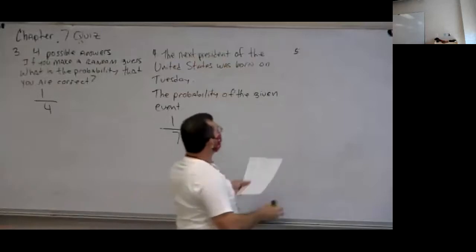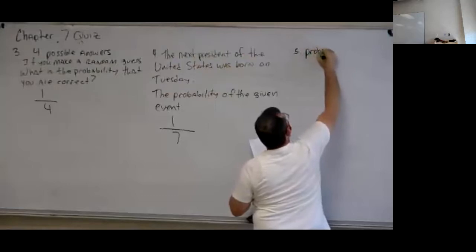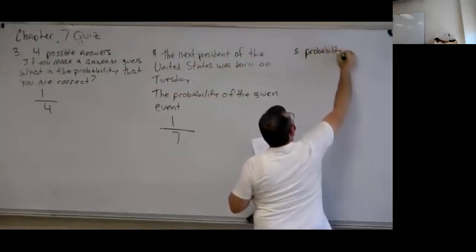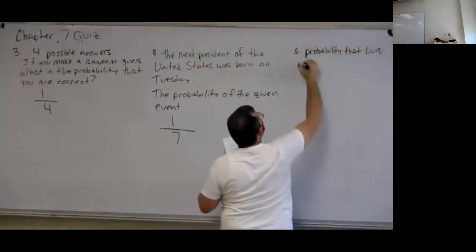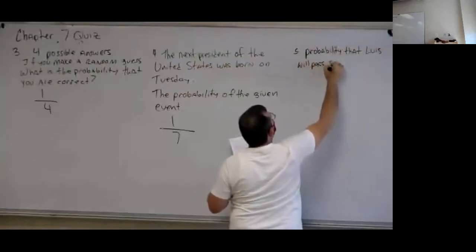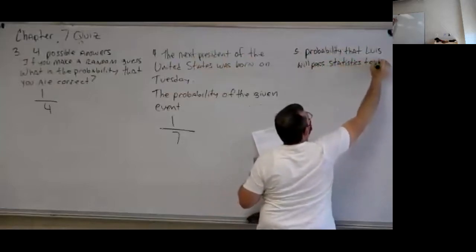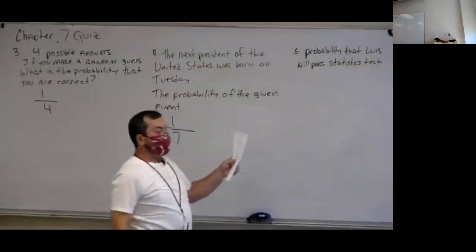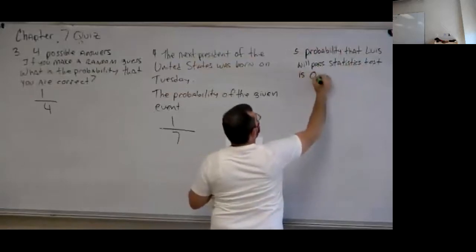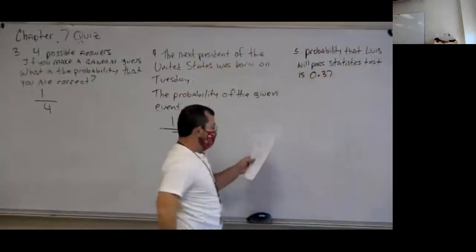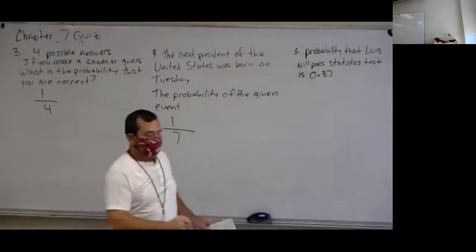Okay, so the probability that Lewis will pass his statistics test is 0.37. Find the probability that he will fail his test.